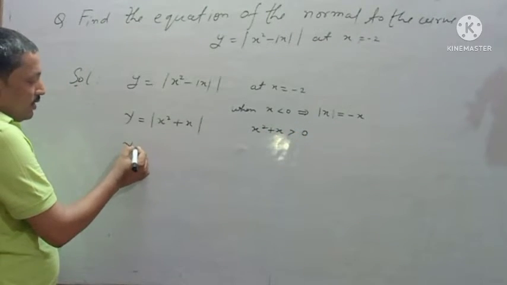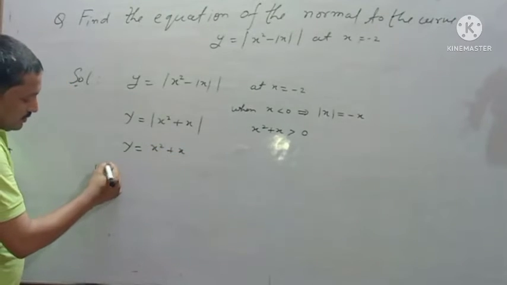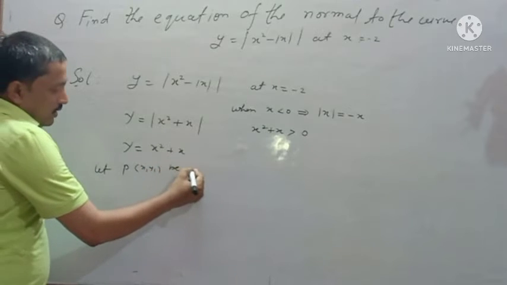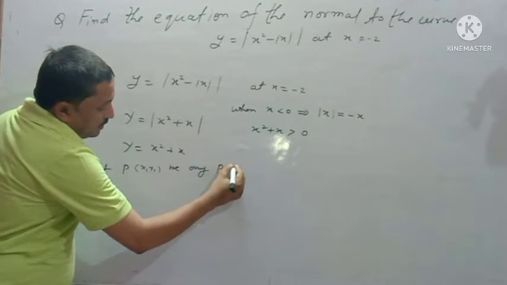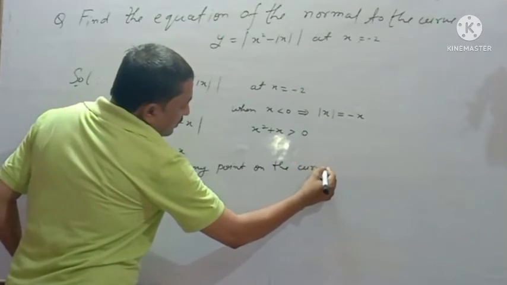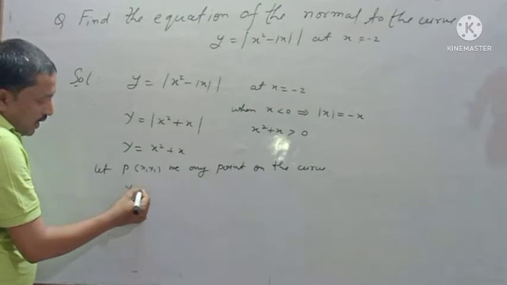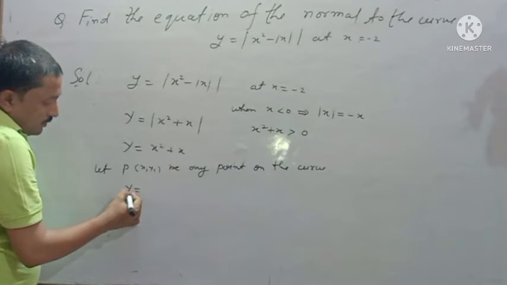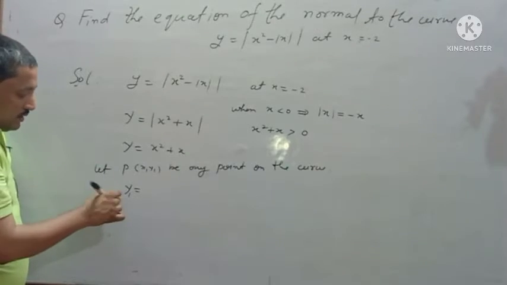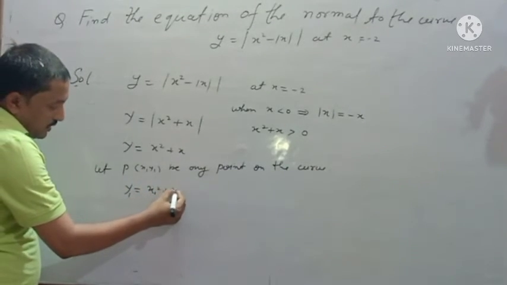Therefore, we have the curve x square plus x. Let P (x1, y1) be any point on the curve. This point lies on the curve, so y1 equal to x1 square plus x1.